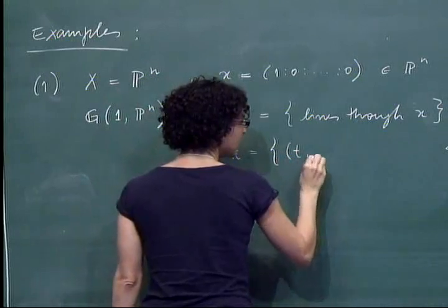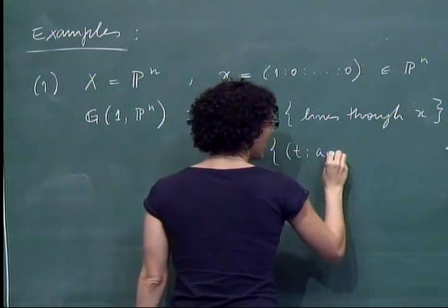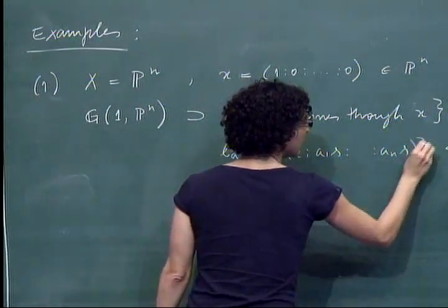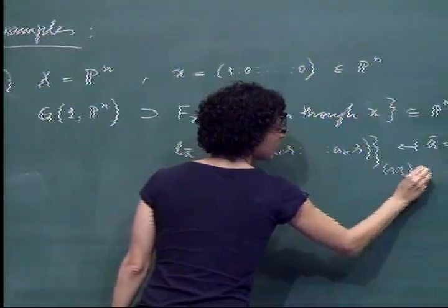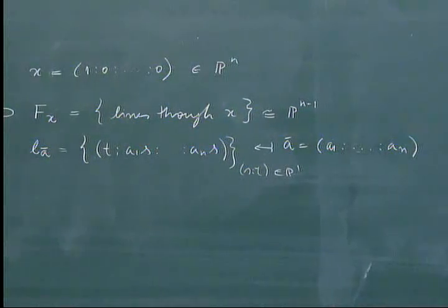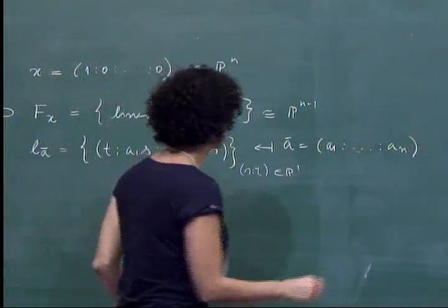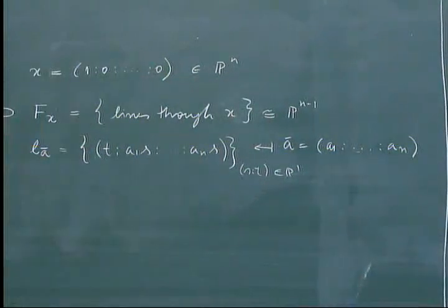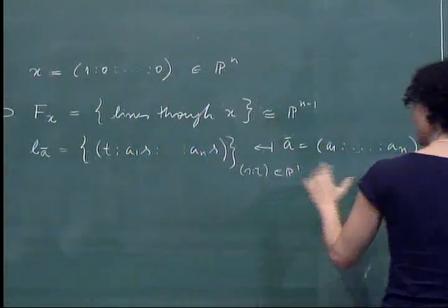So this is the set of points [t : A_1 s : ... : A_n s], with [s:t] in P^1. As we see, we just have a lot of lines through a given point. And this isomorphism will be needed later on. Okay, so in P^n you even have much more rational curves. You can find rational curves of any given degree. But for the moment, we will be interested in lines.